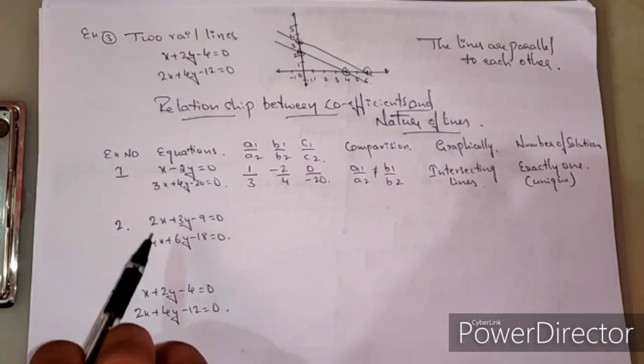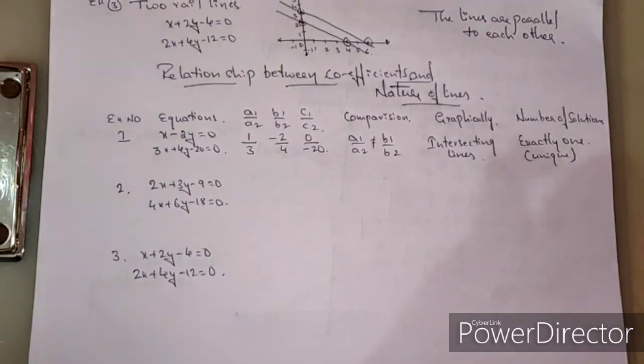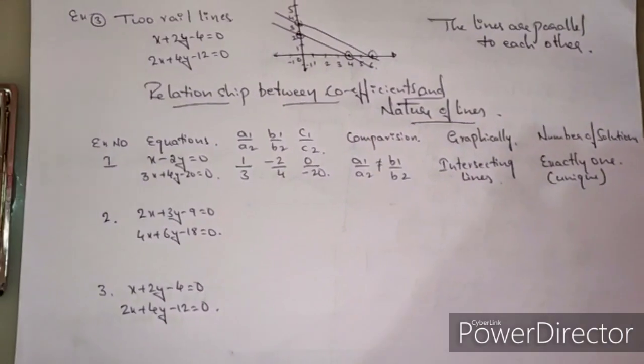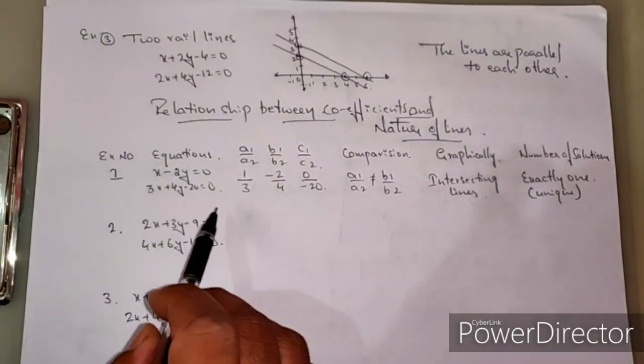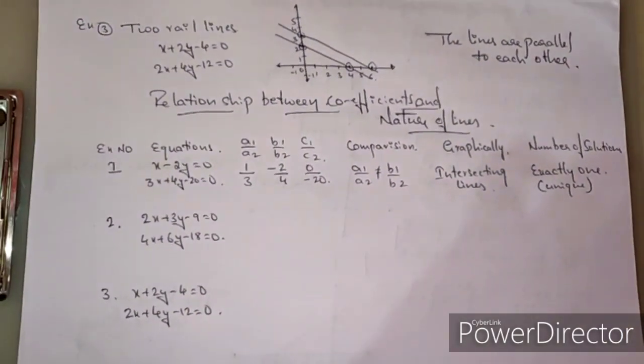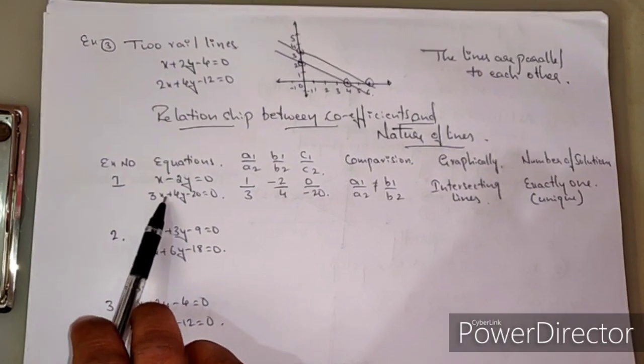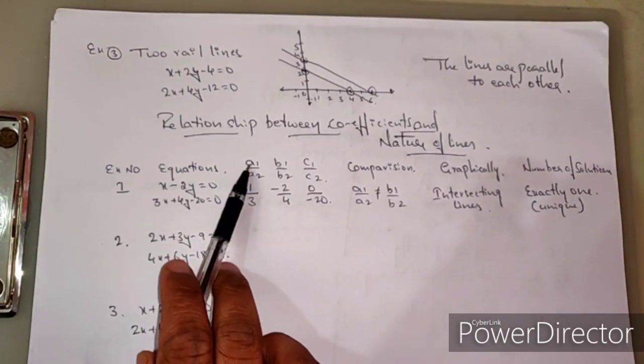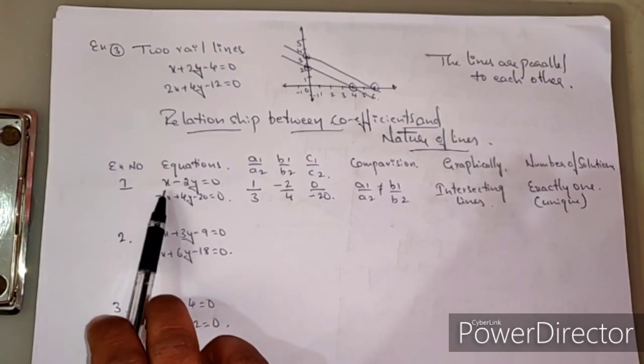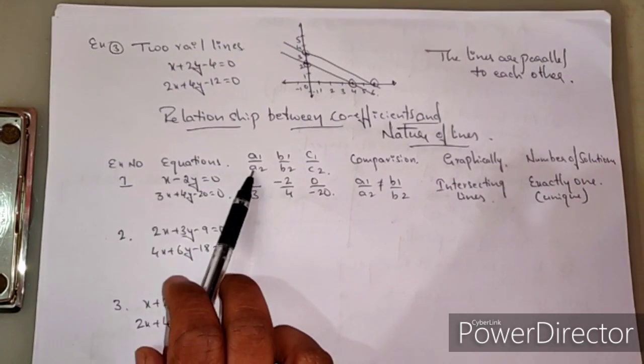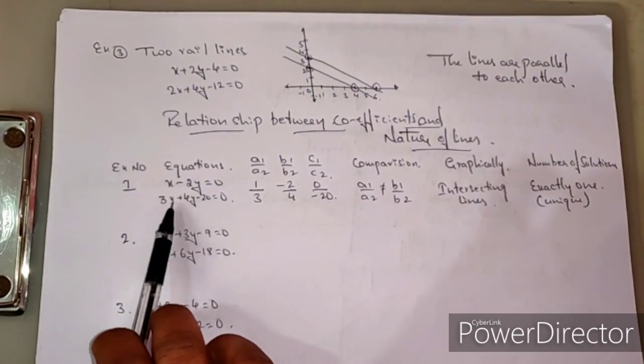I have written all the 3 sets of pairs of equations here, and as you can see, we have formed a table. These are the equations, and here a1 is the coefficient of x in the first equation, a2 is the coefficient of x in the second equation.